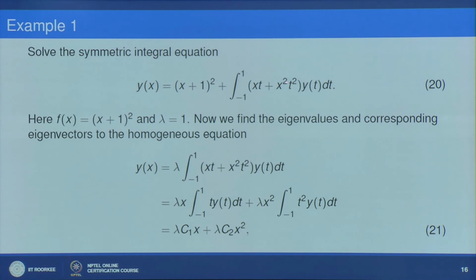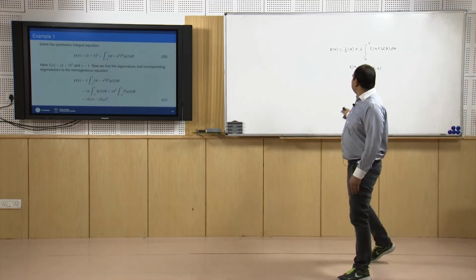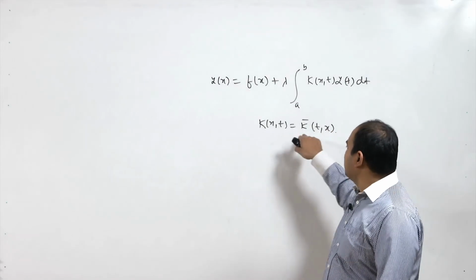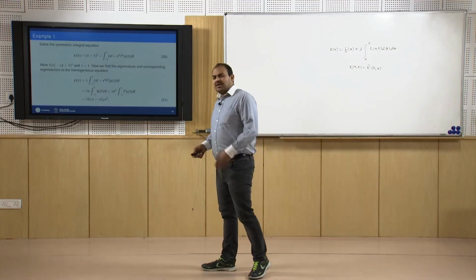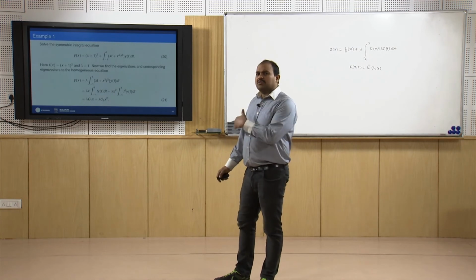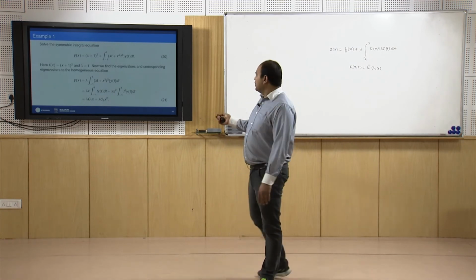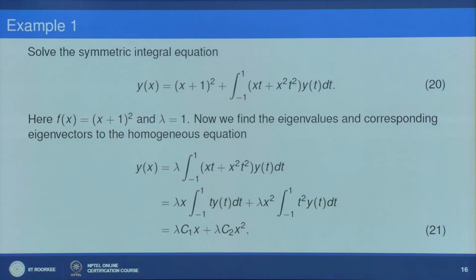So here k x t is same as k t x. Here we are considering a real, so bar is not playing any role. So k x t is equal to k t x for this particular example. If you remember, this is of one more type, that is separable type. So you can solve with the help of separable type also, but we are solving this with the help of theory which we have developed earlier.